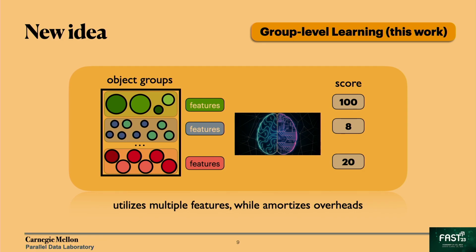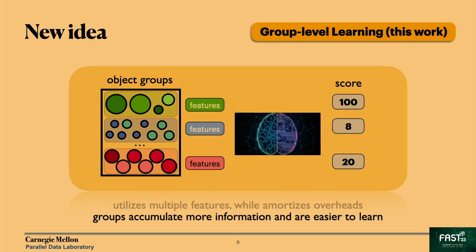Compared to object-level learning, group-level learning can also utilize multiple features, which allows it to achieve potentially high efficiency, while the overheads, including both computation and storage, are amortized by many objects in the group. Moreover, as we all know, most cache workloads follow a Zipfian distribution, meaning that most objects only receive very few requests, such as 1 or 2.